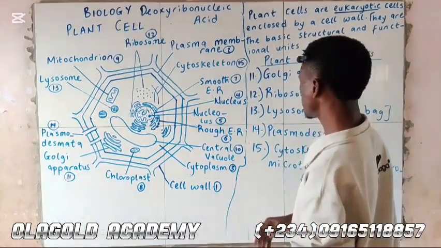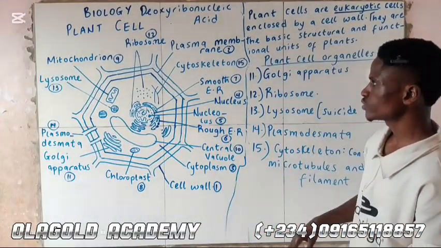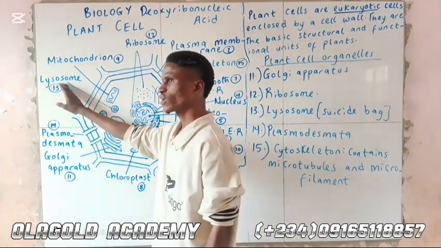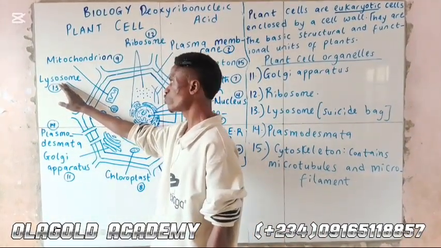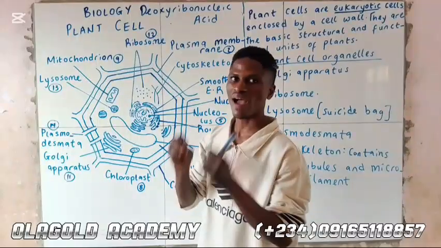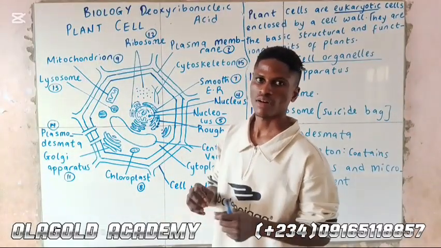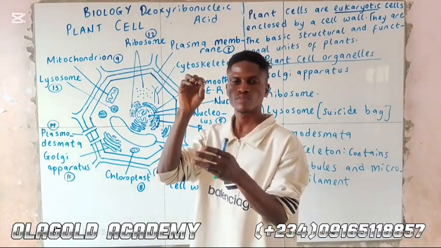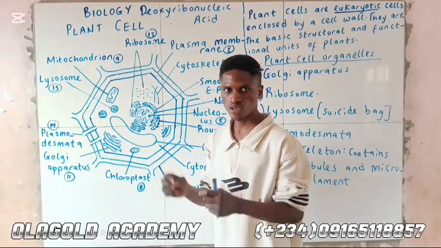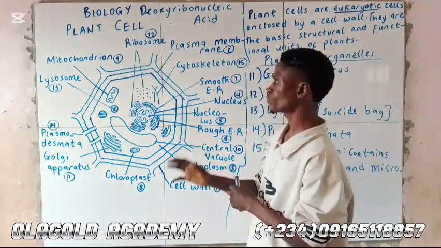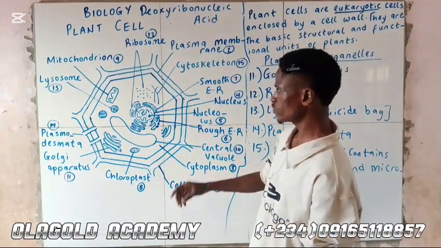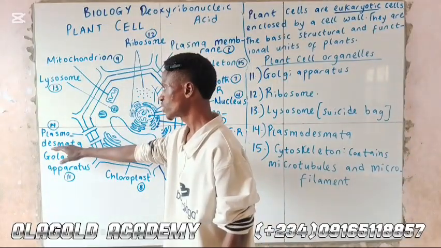Number 13, we have the lysosome. And I said that this lysosome is what helps to break down harmful substances. And also it helps to break down malfunctioning organelles of the cell. Number 14, we have the plasmodesmata.